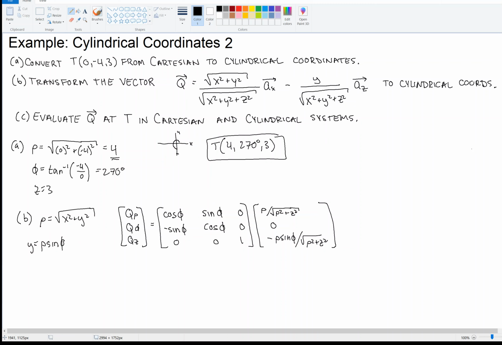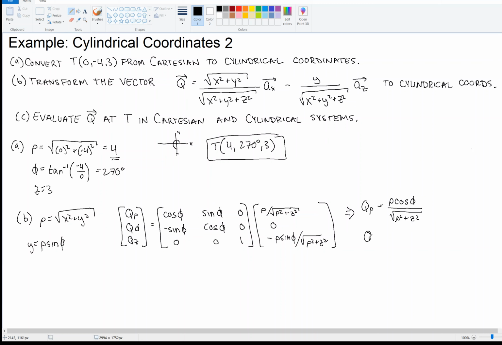And then when we carry out the multiplication, we notice that q sub rho, right, when we do this multiplication, we get rho cosine phi over that denominator, square root of rho squared plus z squared. And then we have 0 times sine, and the rest is 0.